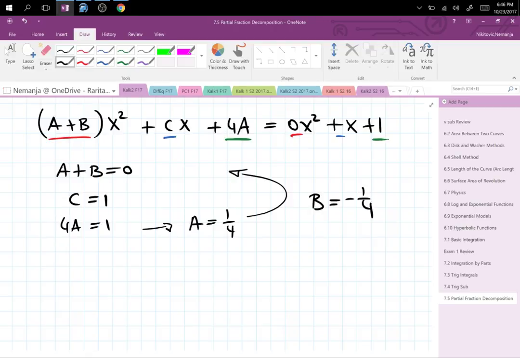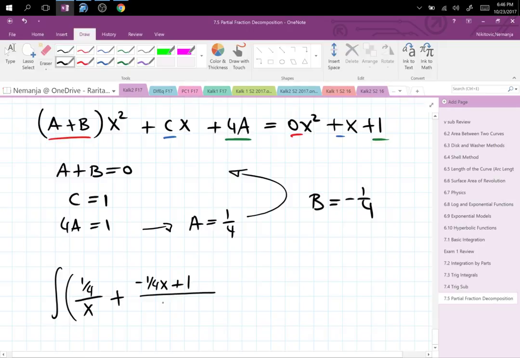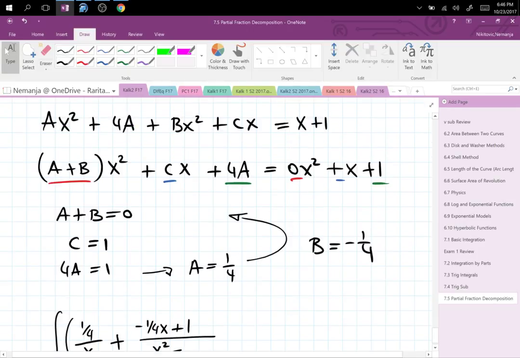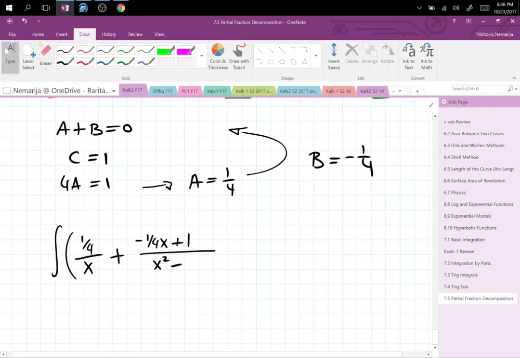Once we have our coefficients, we can write out 1/4 over x, right, because a is 1/4, plus, and now negative 1/4 x plus 1 divided by x squared plus 4, dx.